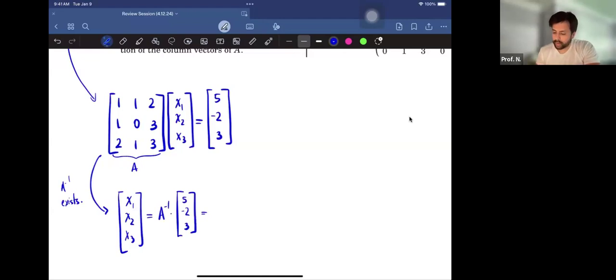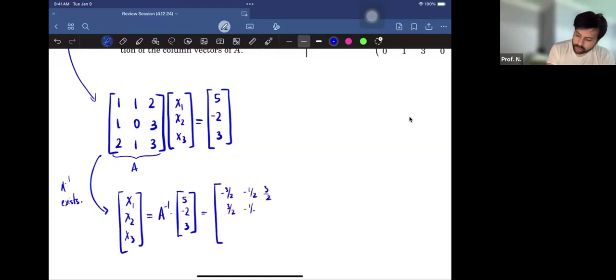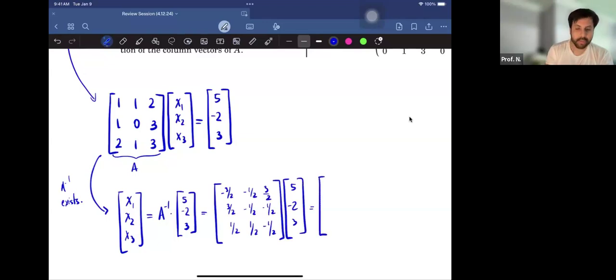So my inverse matrix is -3/2, -1/2, 3/2, 3, 2, -1/2, -1/2, 1/2, 1/2, -1/2. I would take 5, -2, 3, left multiply, and I get my solution.